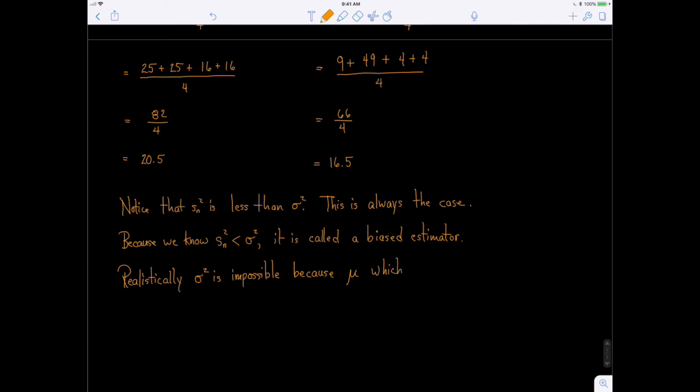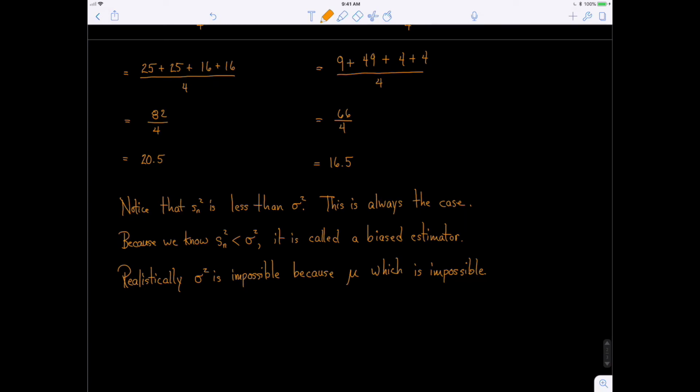I mean, we can try. We can get really close to it. But in the end, it's mostly a construct. So because of that, calculating sigma squared is really difficult.